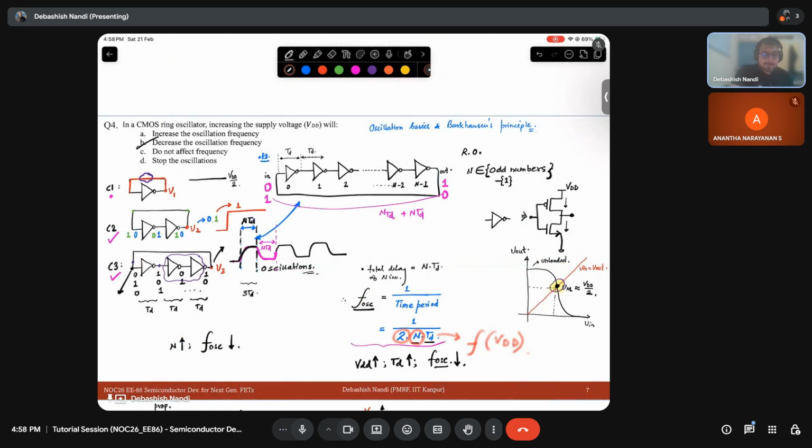These ring oscillators are very important circuits in determining, let's say you are developing some model and want to test the robustness of the model. For that also we use ring oscillators.